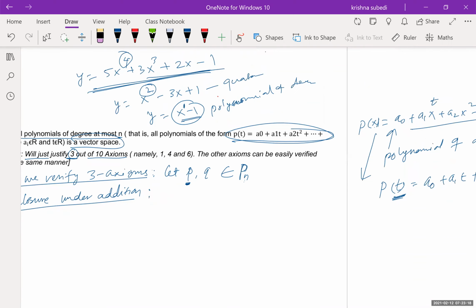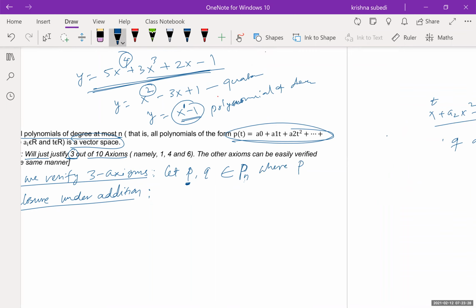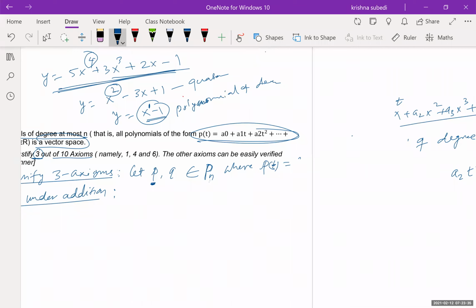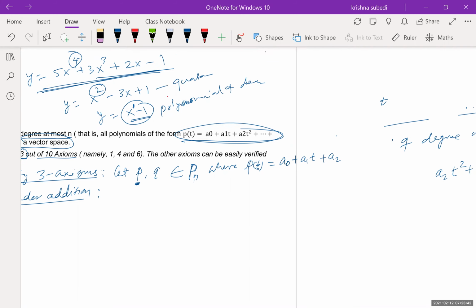Where p of t, or p of x, doesn't matter what variable you want to choose, we can write as a naught plus a1t plus a2t square plus all the way to an tn.